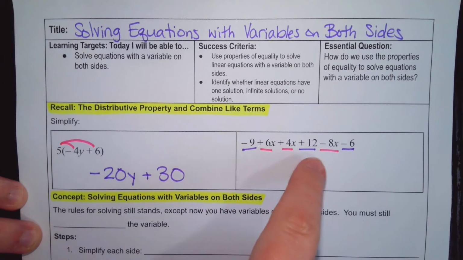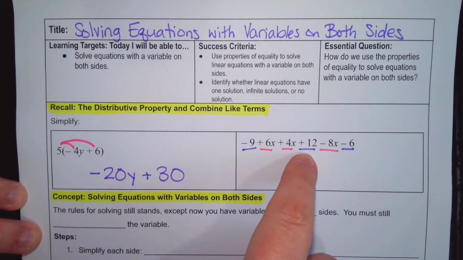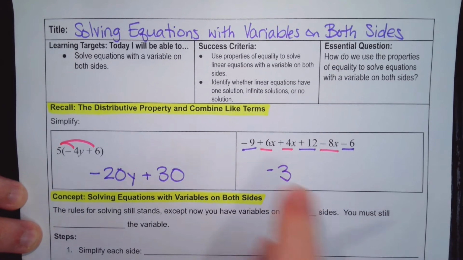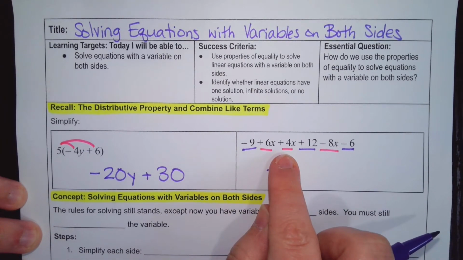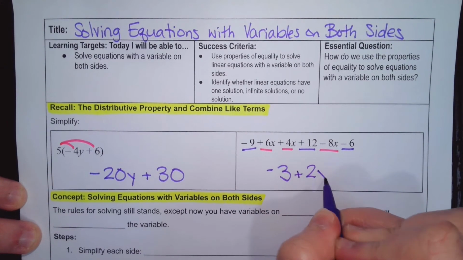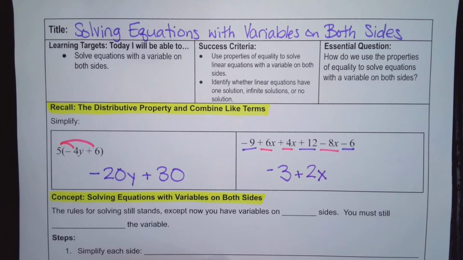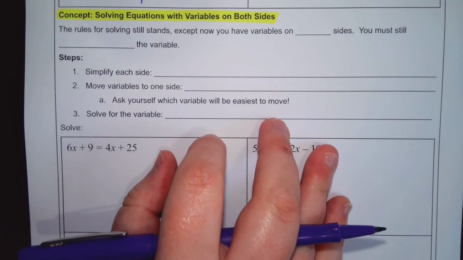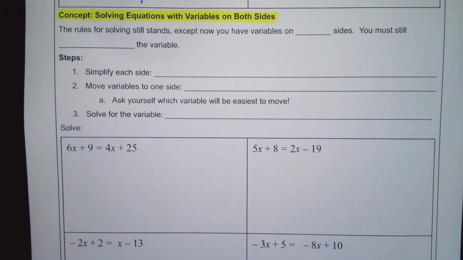So negative 9 plus 12 minus 6 is going to be negative 3. And then 6x plus 4x minus 8x is going to be plus 2x. So there we go.